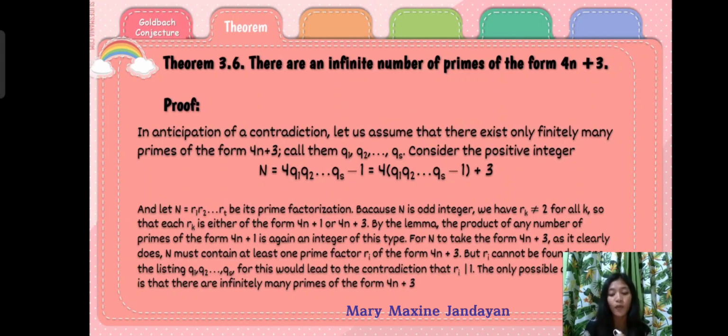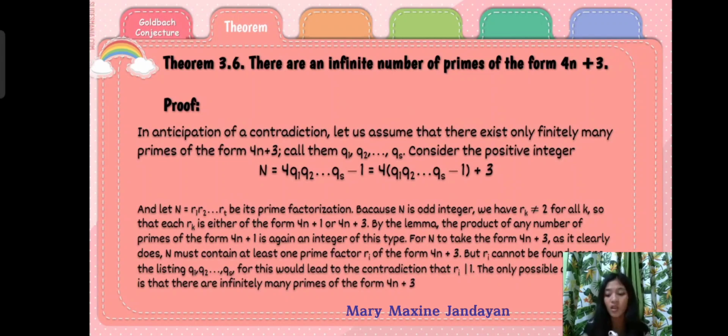To prove this, we do it by proof of contradiction, as I said earlier. Let's suppose that all of its primes are of the form 4n plus 1. But if we take 4n plus 1 times 4m plus 1, it is equal to 4 times the quantity 4nm plus n plus m, plus 1. In other words, the form 4n plus 1 is closed under multiplication.